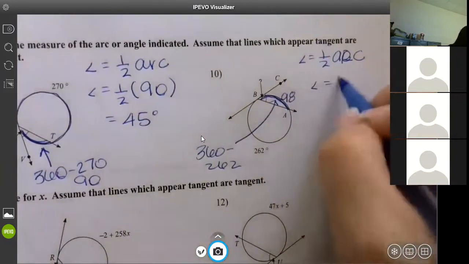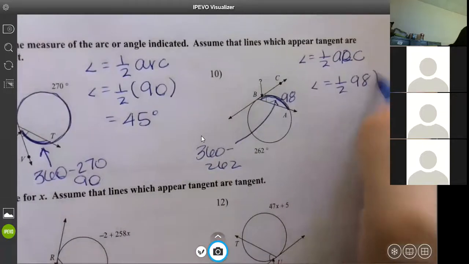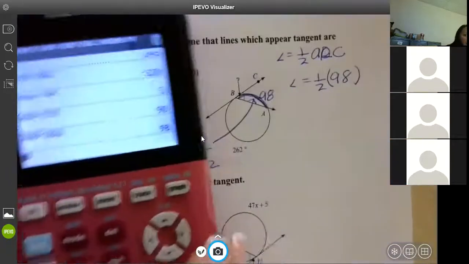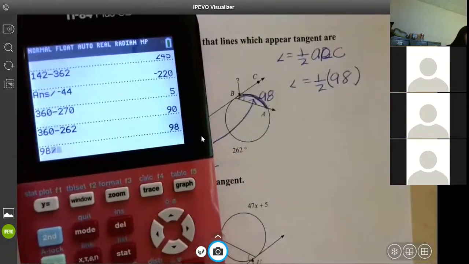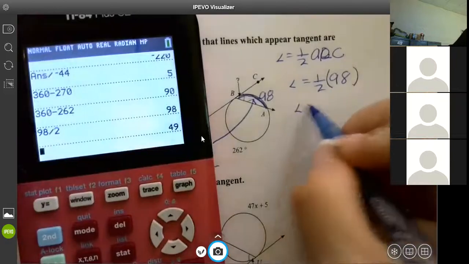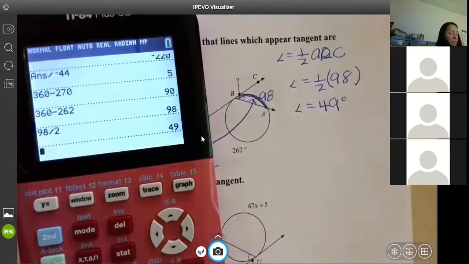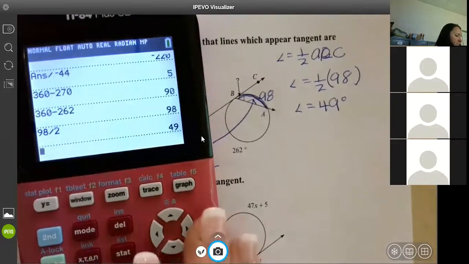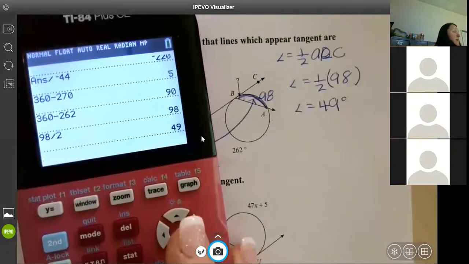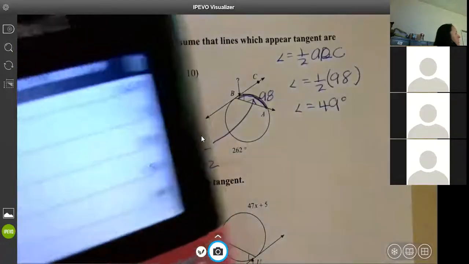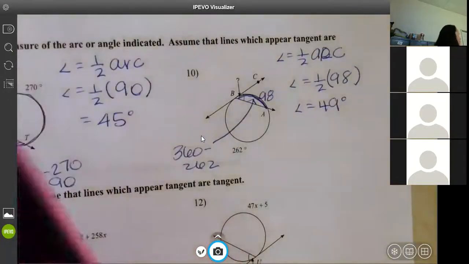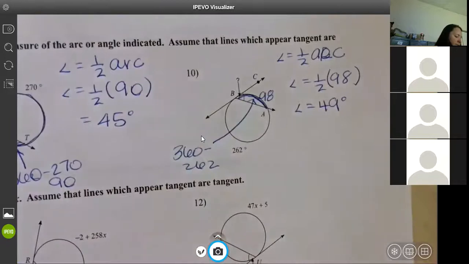So we get the angle equals half of 98. Half of 98 is 49. Right. Same formula, they just get a little bit harder, like the 360 minus x or whatever that you have, okay? So be ready for that.